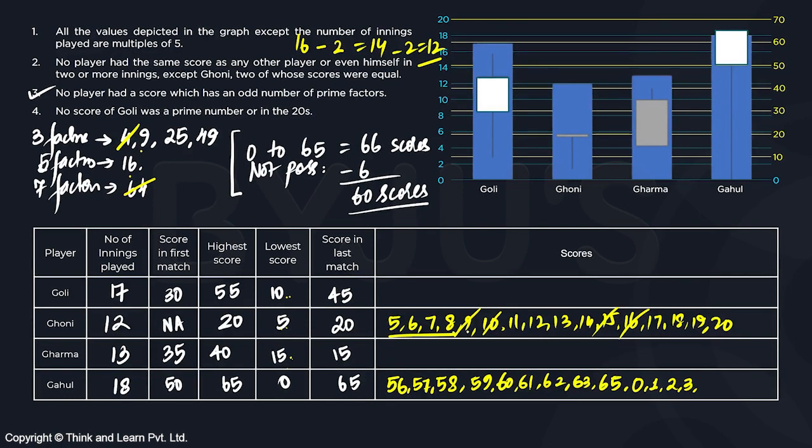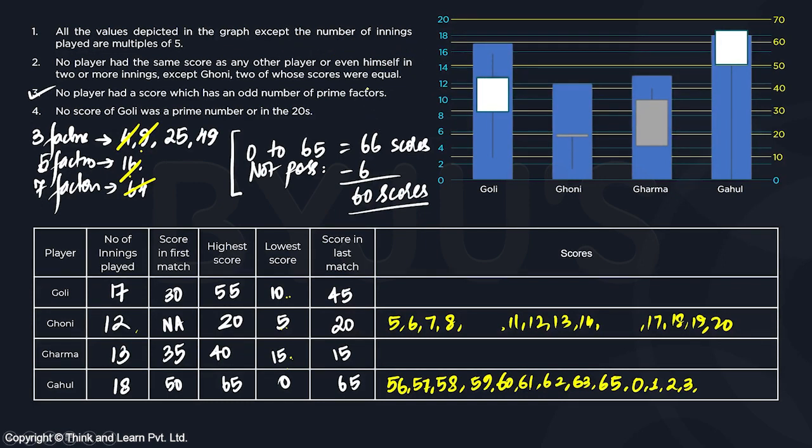So if we count the number of scores that Goni is going to have, it's 4, 8, 12. That means all these scores of Goni are going to be used. So we can remove 9 and 16. We have included this, right?